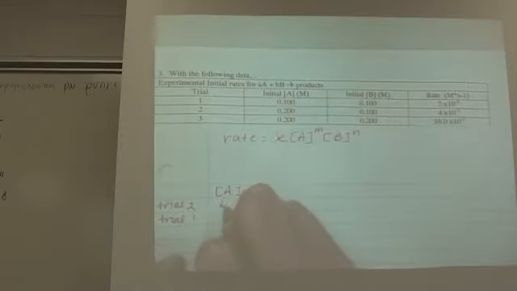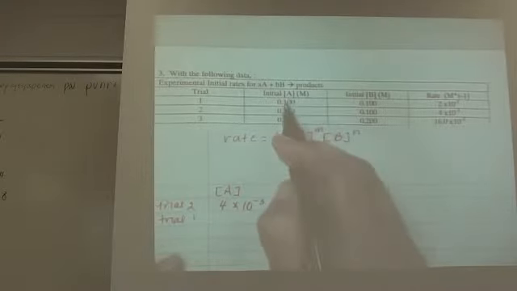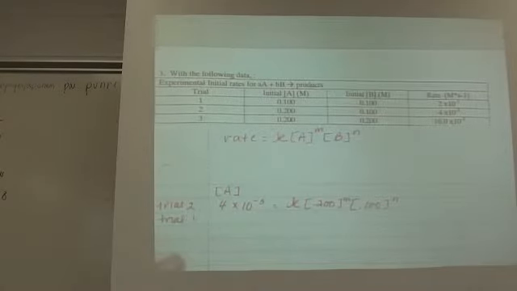I know the rate, 4 times 10 to the negative third, is equal to the rate law constant times the concentration of A, 0.2, raised to some power, times the concentration of B, raised to some power.